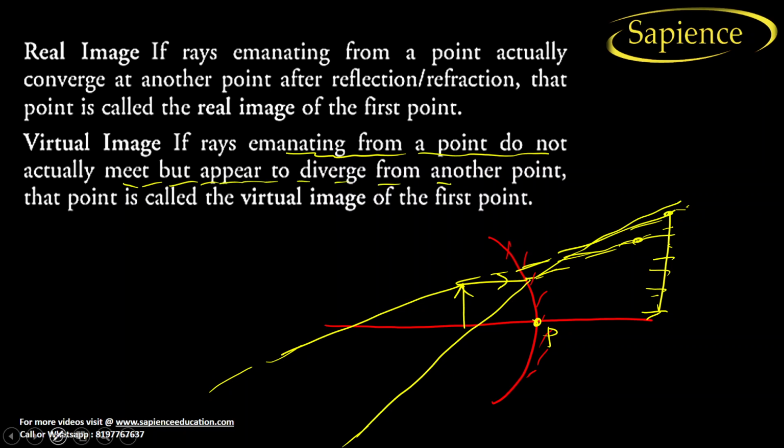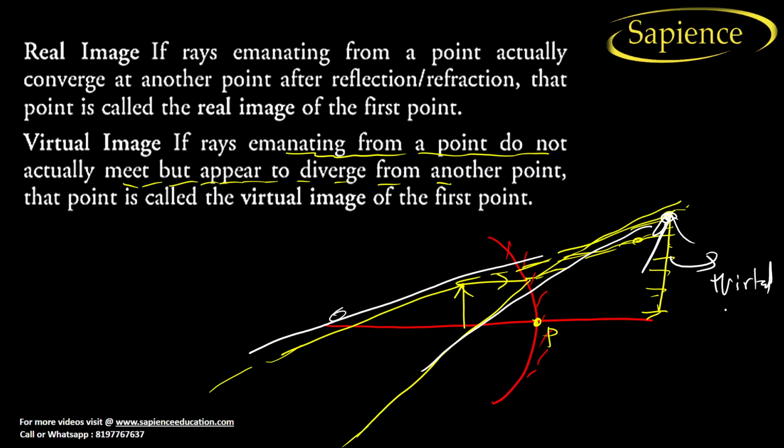So from this point, both rays appear to diverge, which means it is a virtual image, and no physical light is involved in its formation. We have already covered the real image. I hope you have understood this.